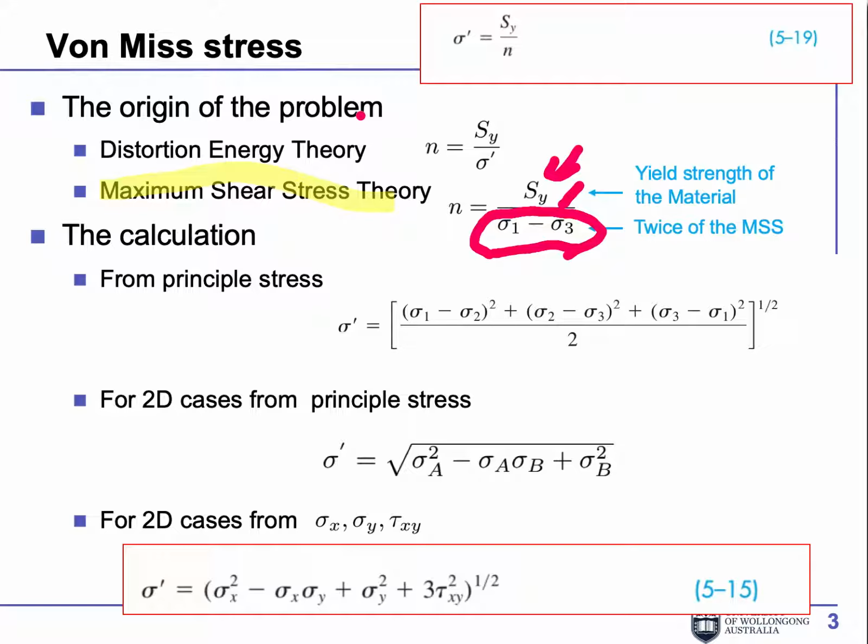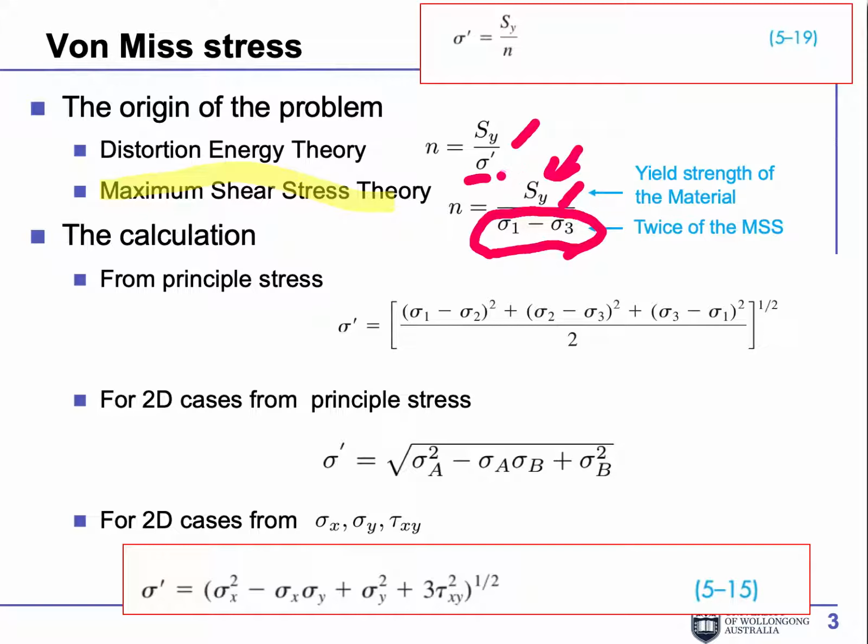And from that point of view, the overall stress, from sigma x, sigma y, sigma z, and all the taus together, can be simplified or accumulated together as a von Mises stress. It's a sigma prime. And this single value then can be used to compare with the yield strength of the material to see if the component is safe or not.